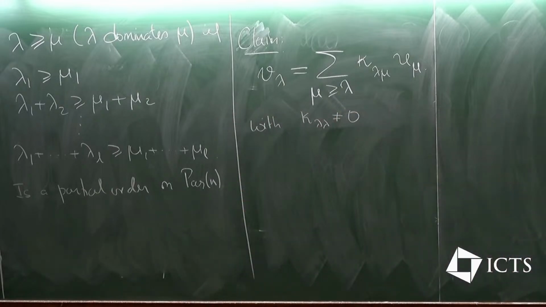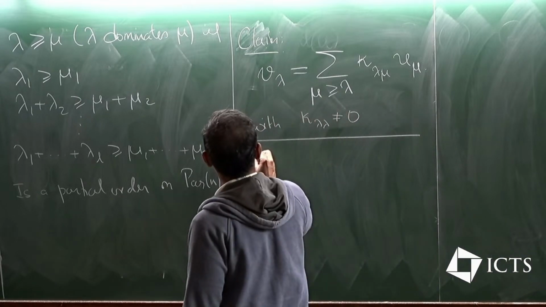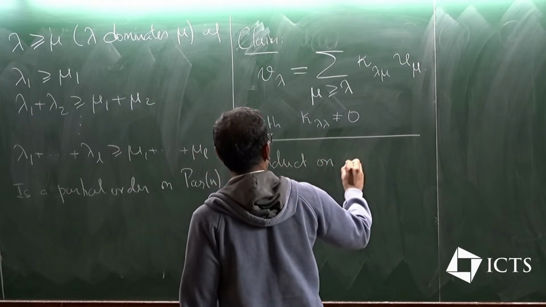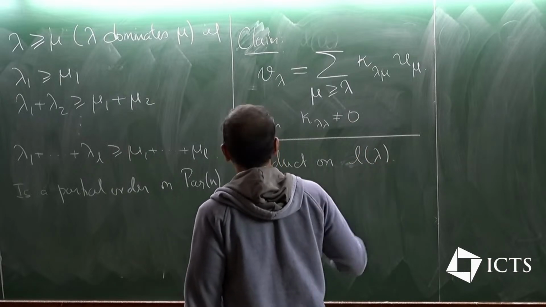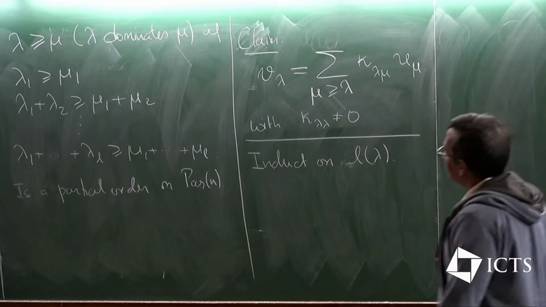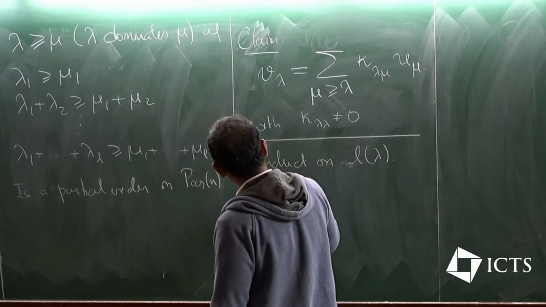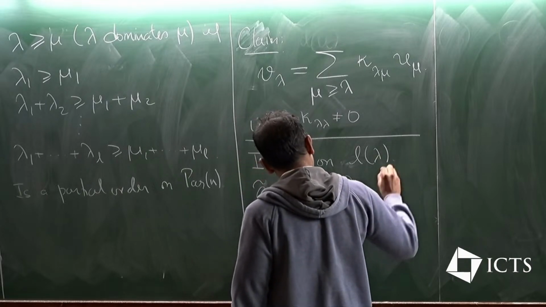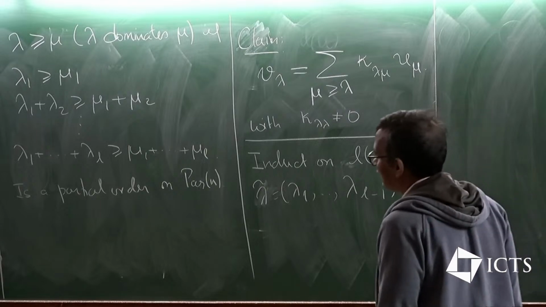We can prove this claim by induction on the number of parts of lambda. That's the number L, lambda 1 up to lambda L, the number of parts L. Because suppose lambda tilde is the partition where you just drop the last part, and you know that V lambda tilde has this property, then you can easily use the fact.